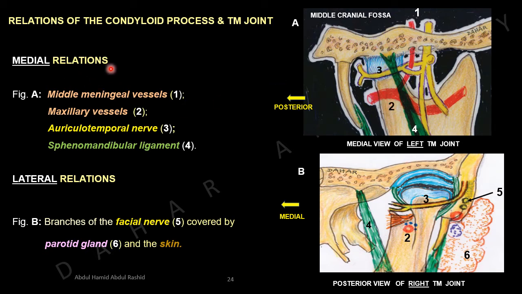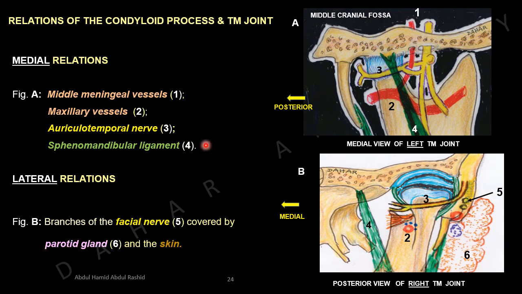Medial relations of the TM joint and condyloid process. Number 1 is the middle meningeal artery, of course together with the vein. And then number 2 is the maxillary artery and vein. Number 3 is the auriculotemporal nerve coming from the mandibular nerve.